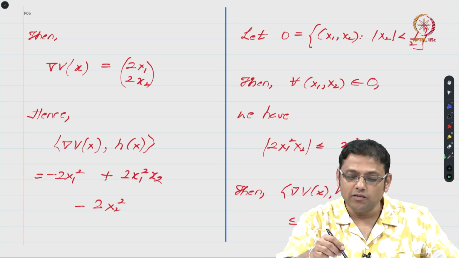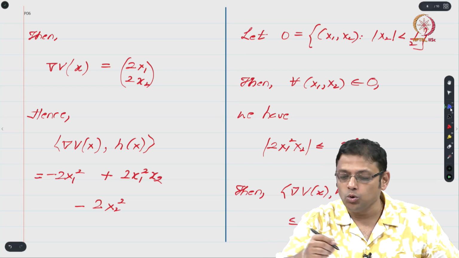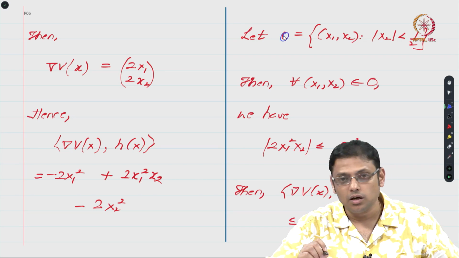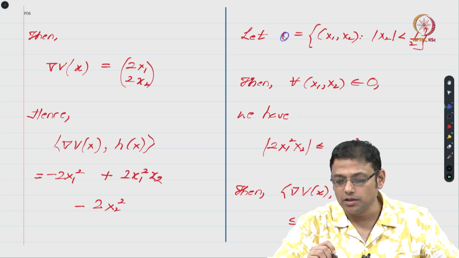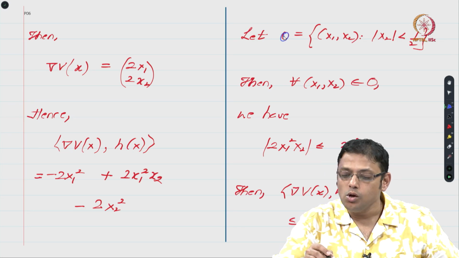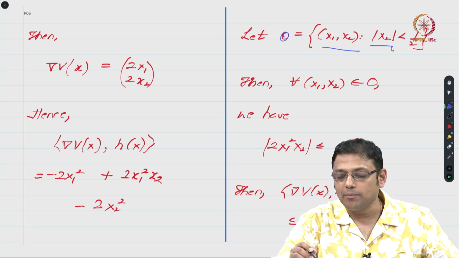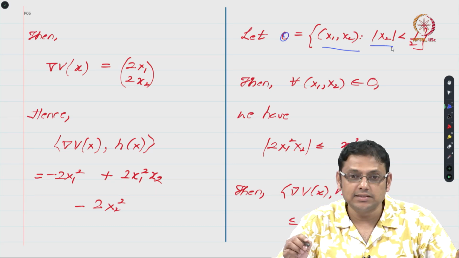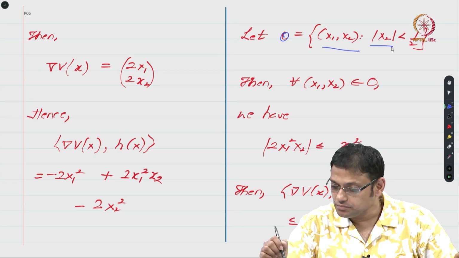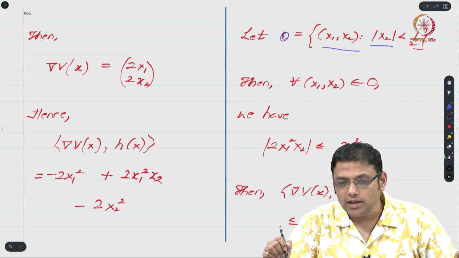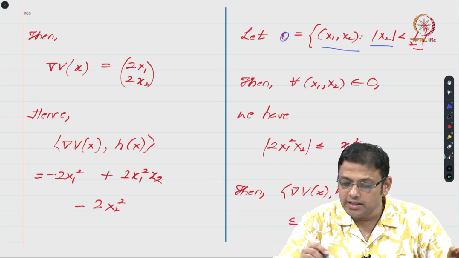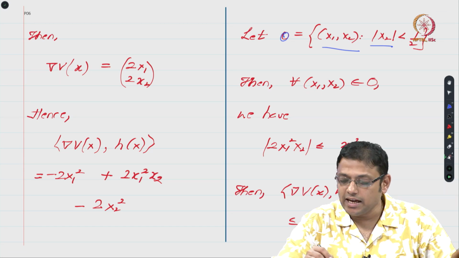However, if you define this neighborhood O, okay, so let me put a different symbol over here, the neighborhood O consists of all those x1 x2 where the absolute value of x2 is strictly less than half.